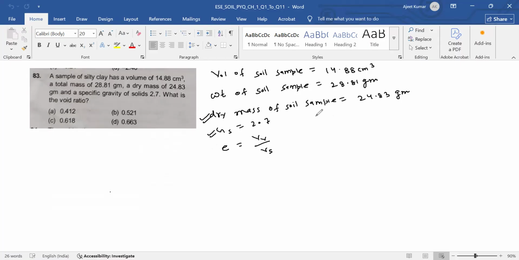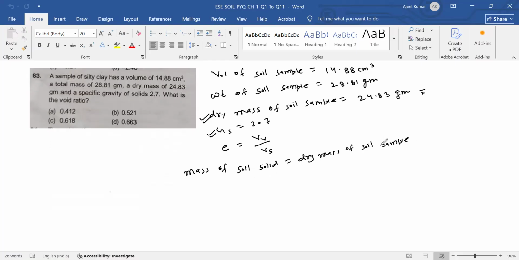Dry mass of soil sample and mass of solid will be the same, because we neglect the mass of air in comparison with the mass of solids.